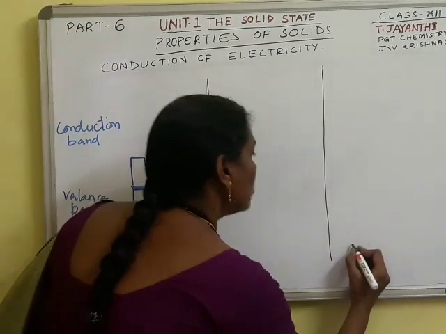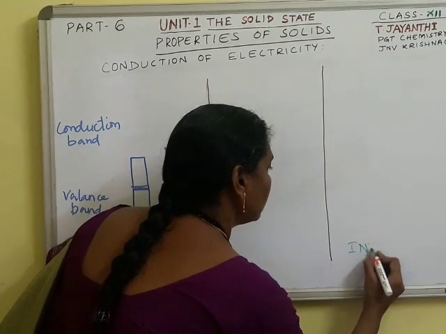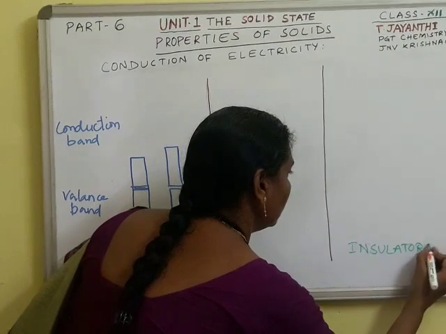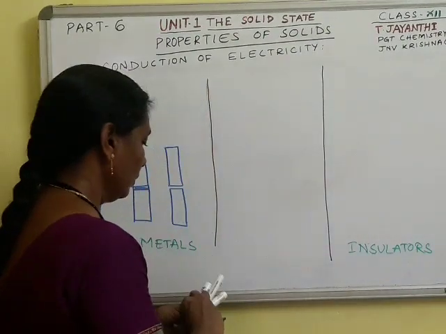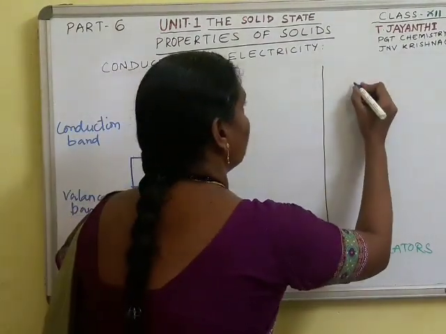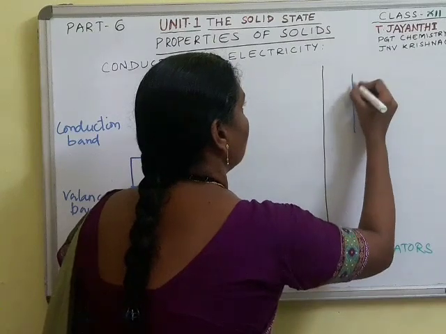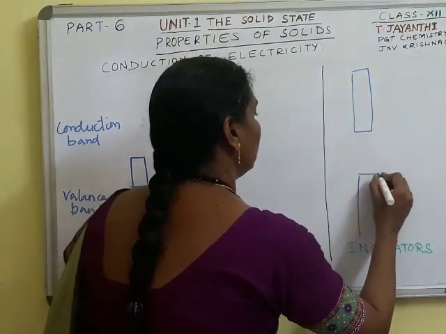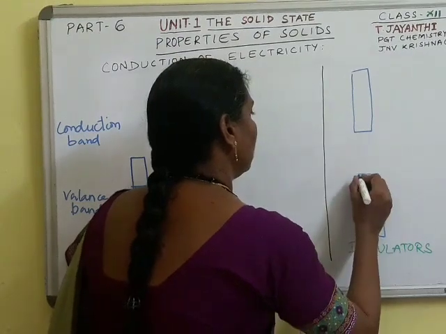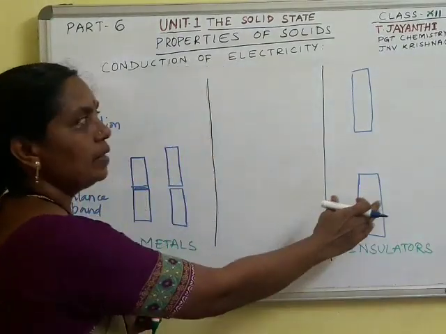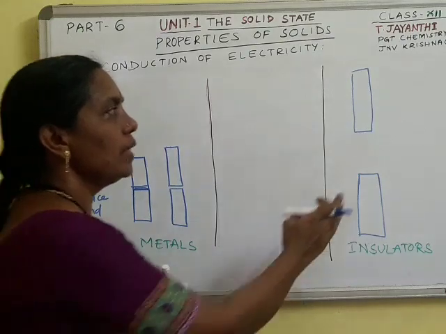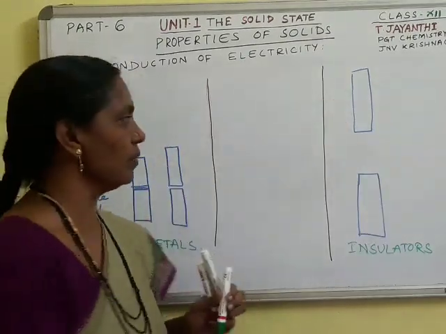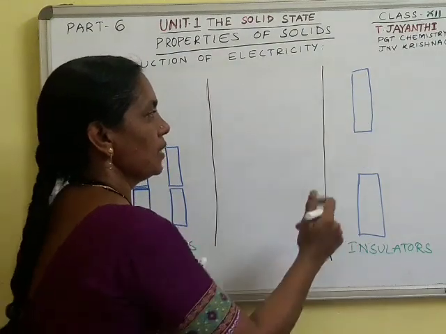In the case of insulators, the distance between the valence band and the conduction band is so high that the electrons cannot get excited from the valence band to the conduction band.